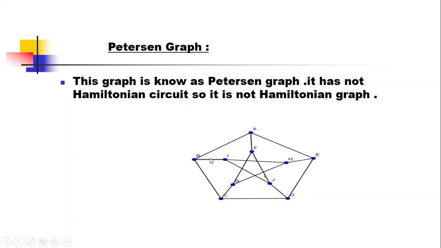This graph is known as a Petersen graph, that type of shape, and it is not an Euler graph as well as not a Hamiltonian graph. You can easily check the Euler graph: the degree of all vertices is odd here, it is 3, therefore it is not an Euler graph, as well as we cannot create such a Hamiltonian circuit here, so therefore it is also not a Hamiltonian graph.